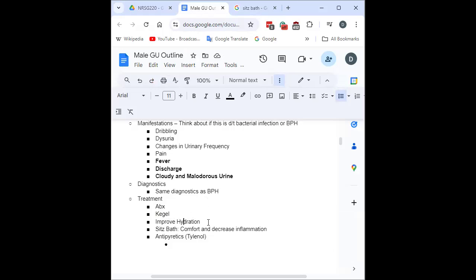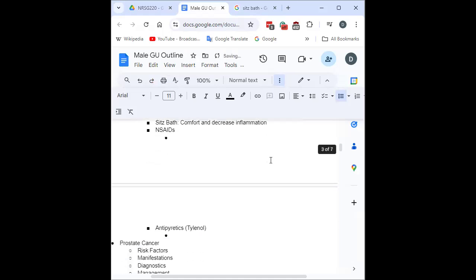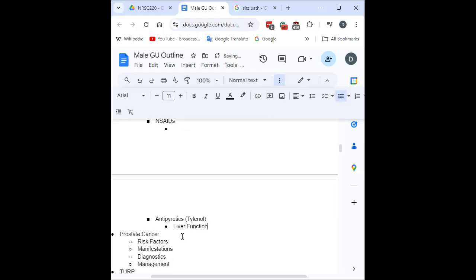NSAIDs, yeah, they can be good for pain. But again, what are you looking out for with NSAIDs, and what are you looking out for with Tylenol? Liver function. Yes, with Tylenol you're looking at liver function, and with NSAIDs it's kidney function.